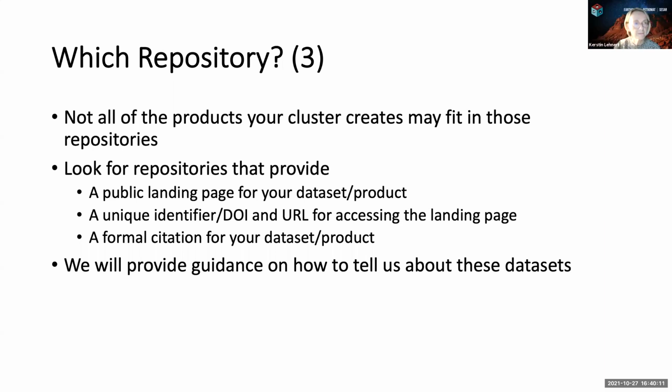But what you should be looking for in any repository that you're considering submitting to is a public landing page for your data set and product, a unique and persistent identifier, an example of that being a digital object identifier, or DOI, and a persistent URL for accessing the landing page for your resource. And make sure that you can create a formal citation for your data set or product. Those are the things that you should be looking for as you're considering repositories.